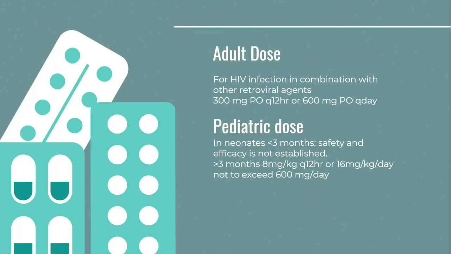But for peds who are older than 3 months, the dose is usually 8 mg per kg every 12 hours or 16 mg per kg per day, and the dose should not exceed 600 mg per day.